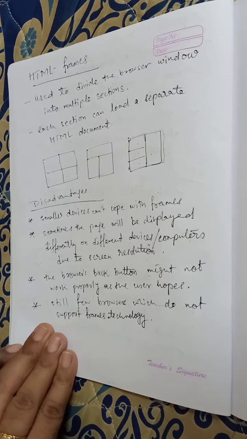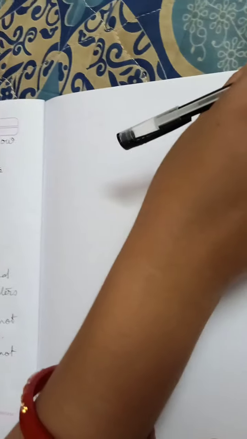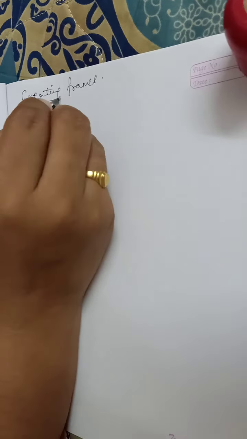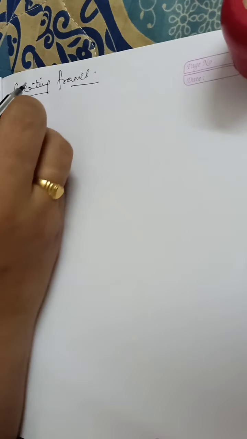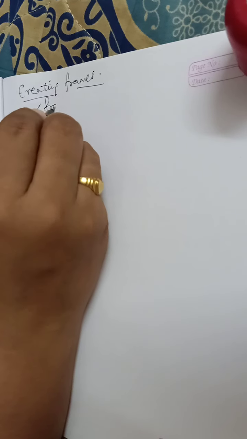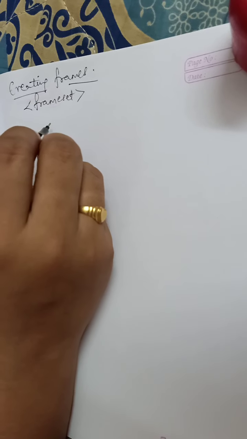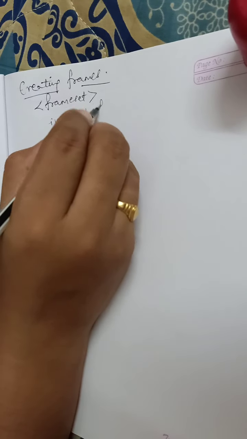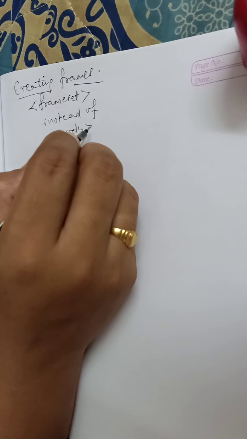Now, coming to creation of frames, how to create a frame, let's discuss that. To use frames on a page, we use the frameset tag. This is used instead of the body tag.